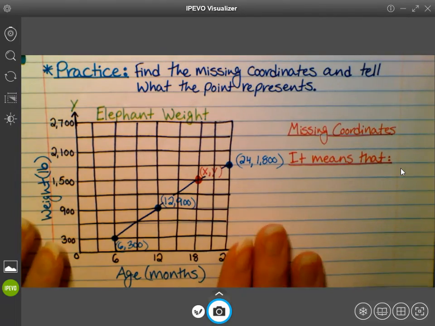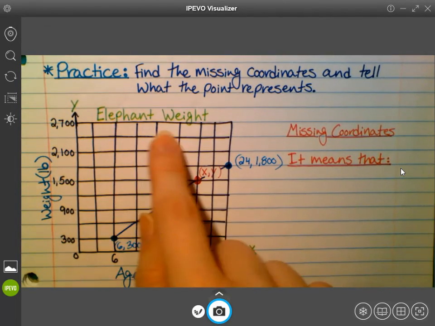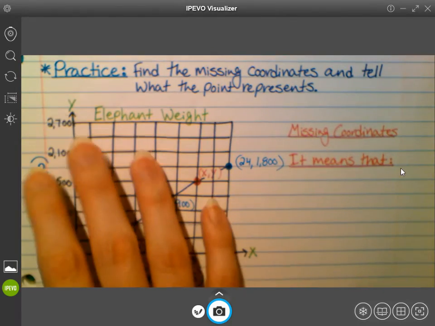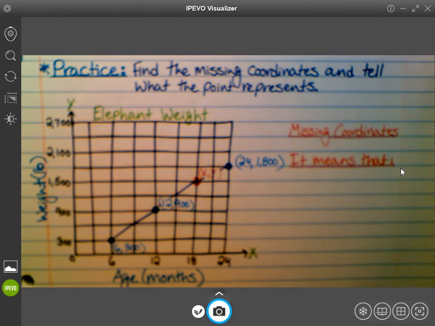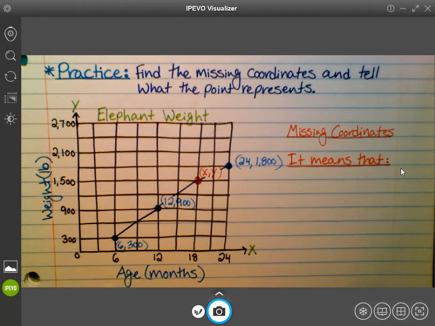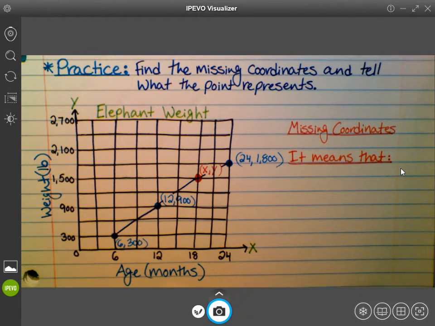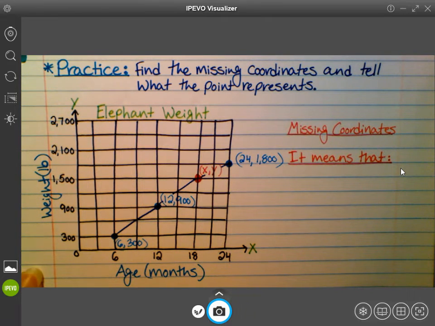So you can see we have a graph here. The title is elephant weight. So you can infer that this graph is all about how much elephants weigh. When we look at our x-axis, what is our x-axis labeled? Age in months. That's important. Not years, months. What's our y-axis labeled? Weight in pounds.